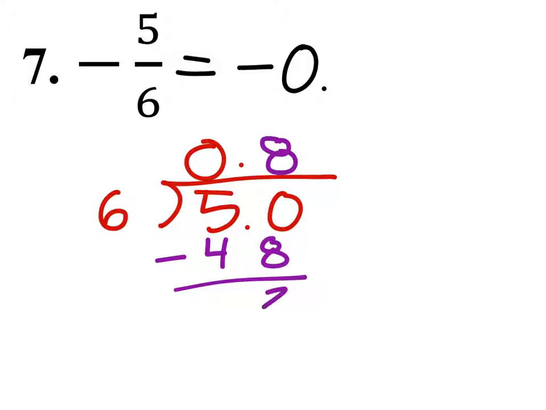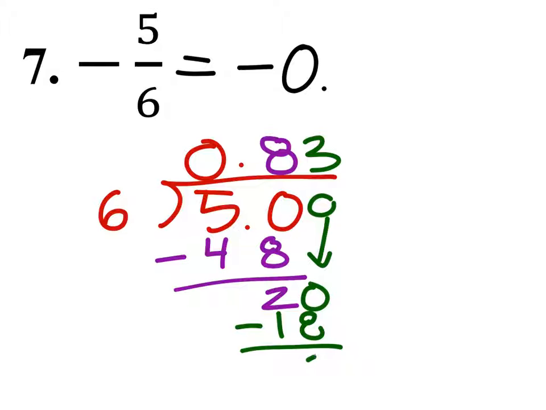We subtract and we get 2, so we need to drop another 0. 6 goes into 20 3 times. 3 times 6 is 18, and when we subtract, we get 2. Well, we just got a 2, and what did it give us? A 3. So that means if I dropped a 0, it would give me another 3, and the 3's repeat.